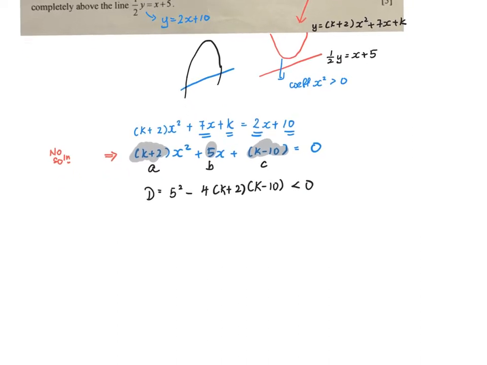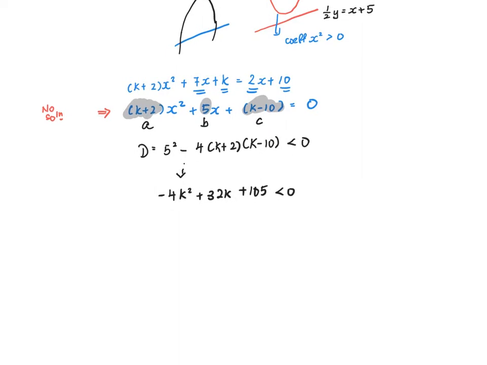Opening this up, eventually this will give you minus 4k squared plus 32k plus 105, which I will not show here, and we know that this is less than 0. Because I prefer to work with positive numbers, I multiply by negative 1 to get 4k squared minus 32k minus 105, and the inequality flips to more than 0.